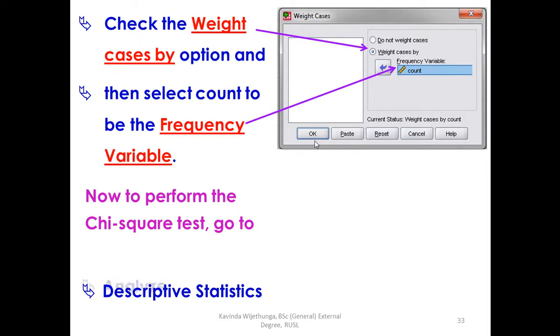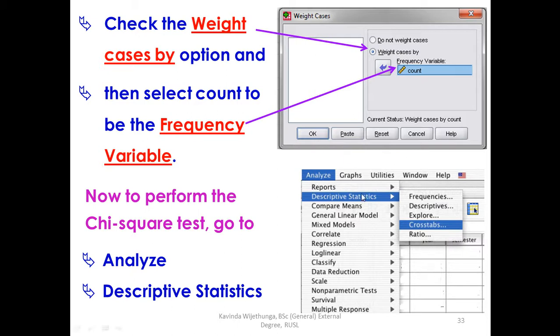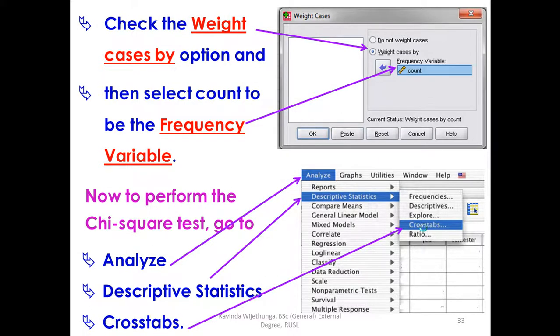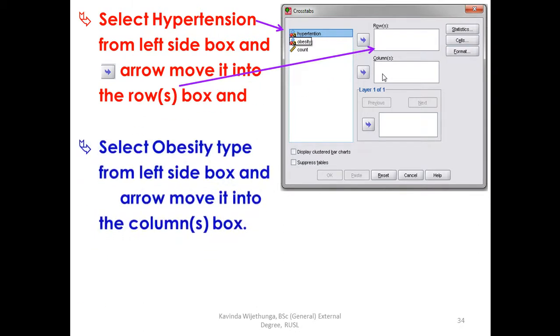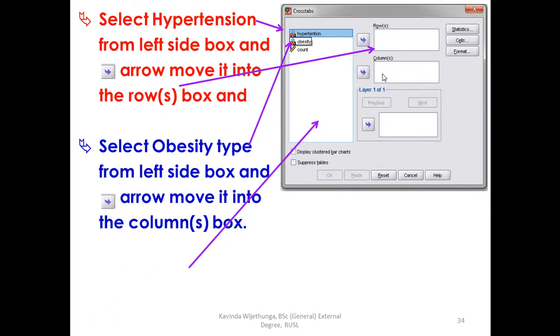Then you can perform the chi-square test. For that, go to Analyze, Descriptive Statistics, then Crosstabs. If you go there, you can see this dialog box. Select hypertension from the left side box and move it with the arrow into the rows. So hypertension is for rows and obesity for the columns, right?